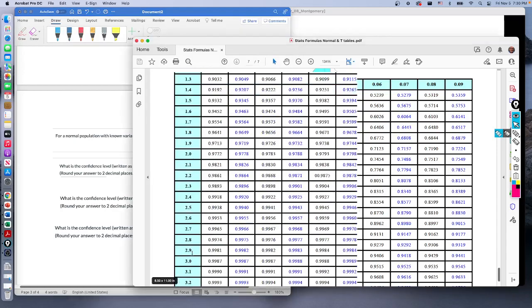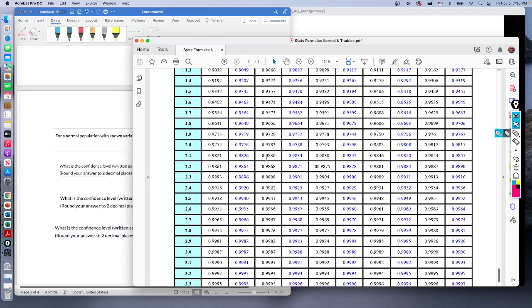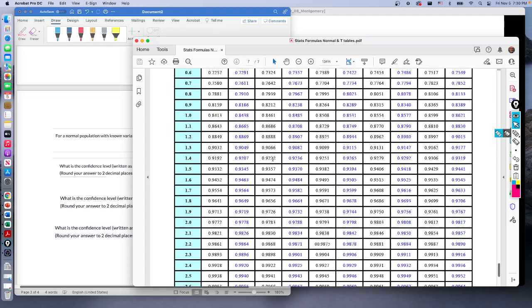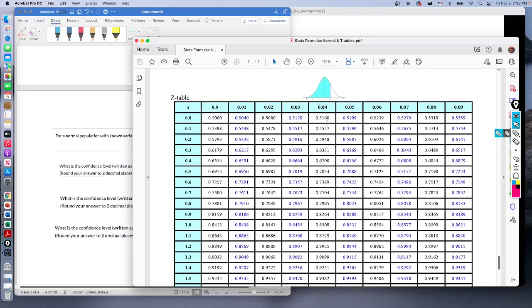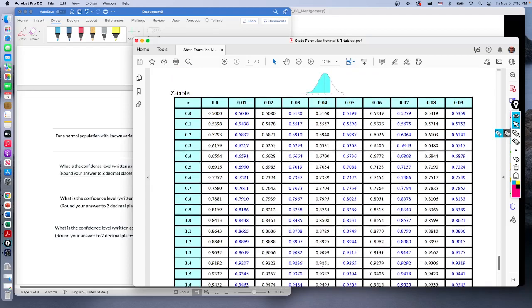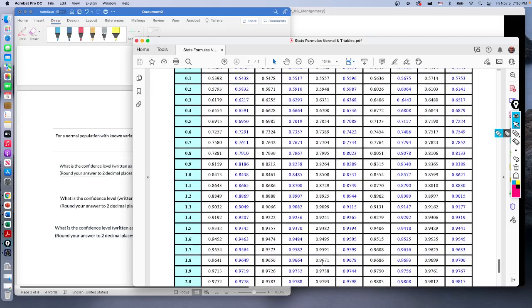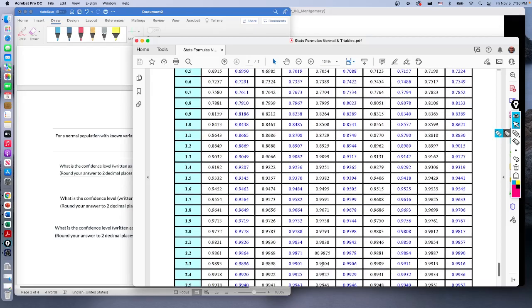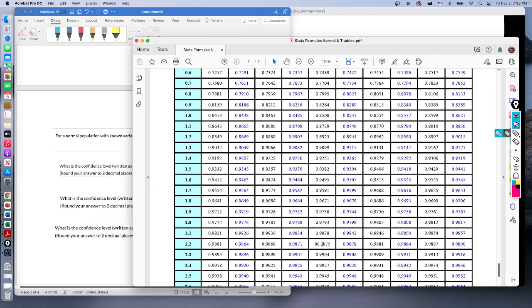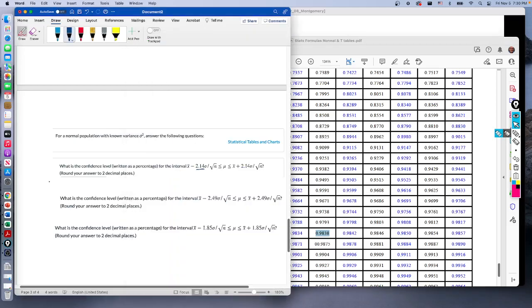That's our z value. 2.14 is here, right in the middle. .14. Okay, so that's the number we've got. 0.9838. Now what is that?